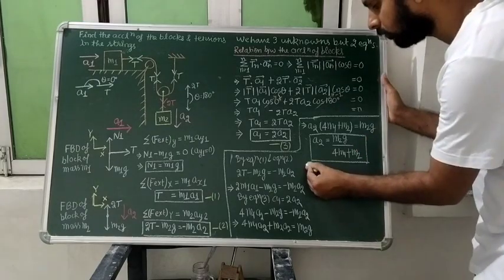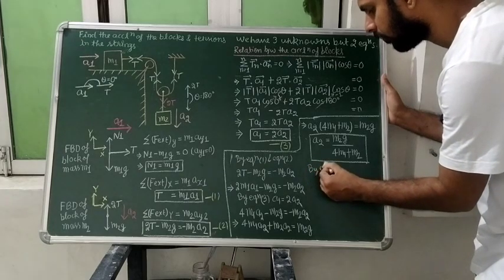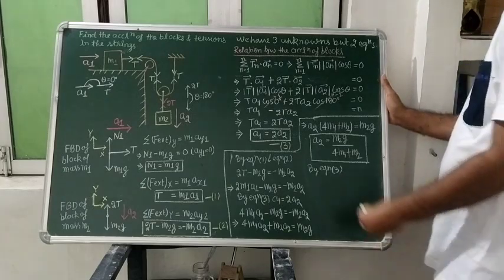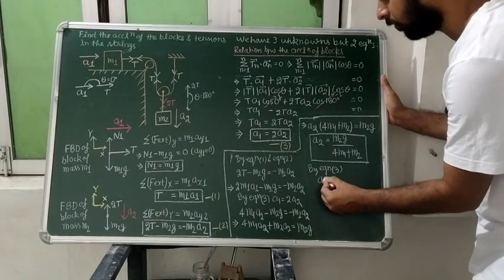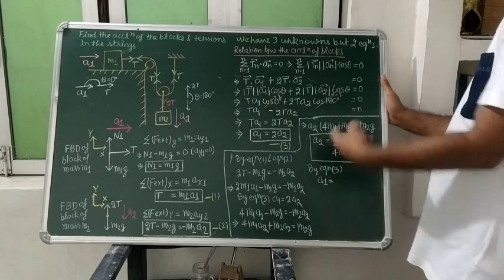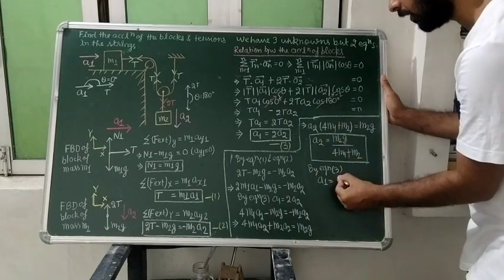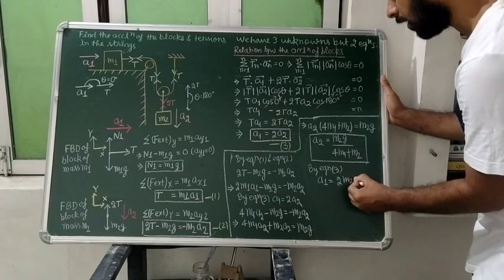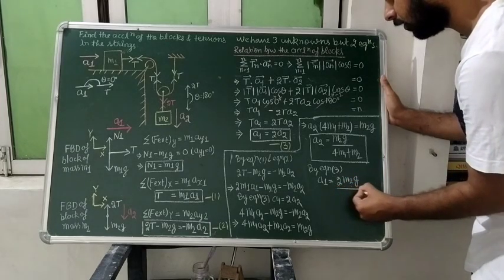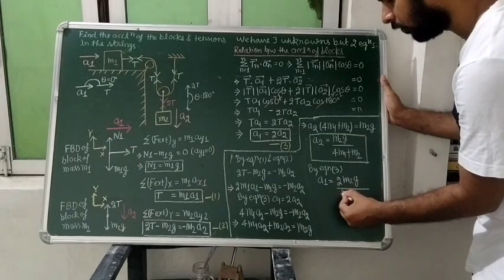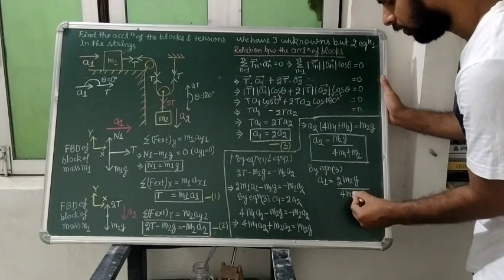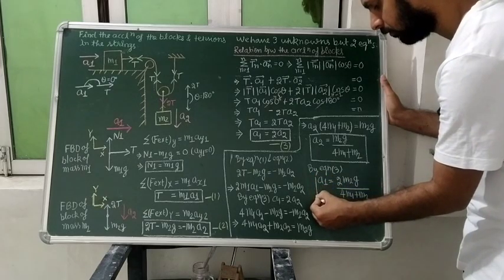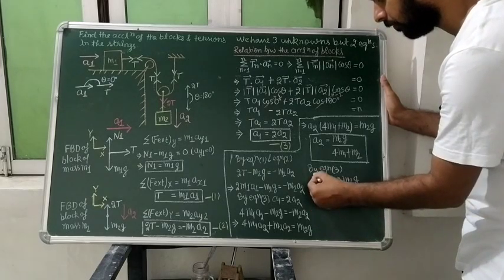So by equation 3, your a1 should be equal to what, students? Twice of a2, meaning it will become twice of m2g divided by 4m1 plus m2. Okay.